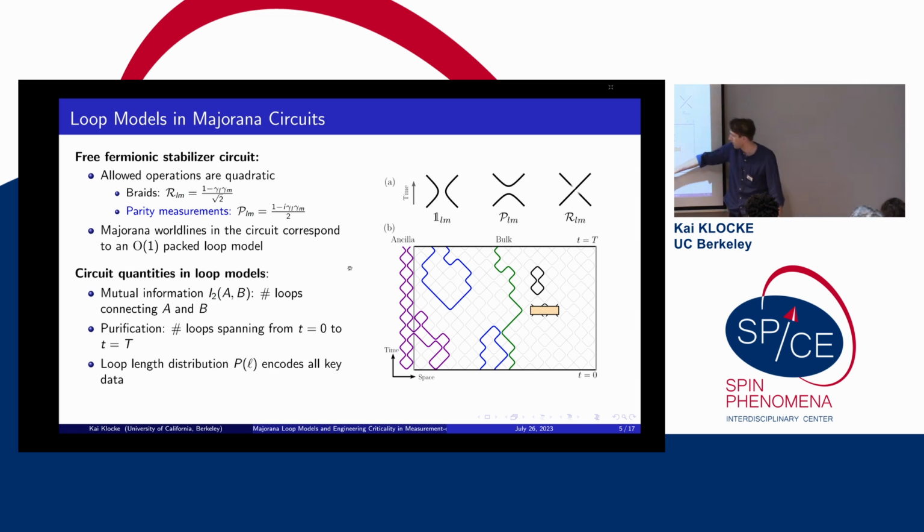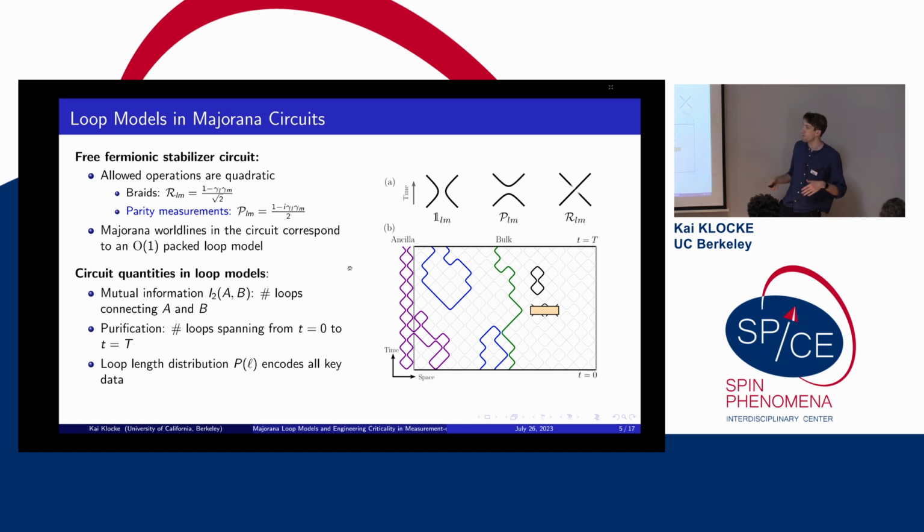So this is the circuit in some sense that is run on some initial state. And similarly, if you're interested in asking how a maximally mixed initial state purifies under the circuit dynamics, that's a question of how much information from the initial time boundary remains undestroyed at the final time. So it's counting the number of spanning loops.